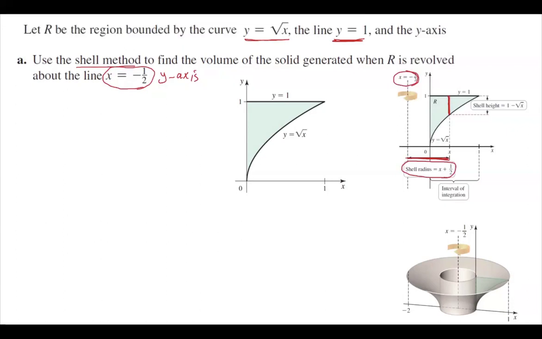So the bases of the small cylinders are located here. The radius is x plus 1/2. So to find the circumference, you have to multiply 2 pi by x plus 1/2. And then for the height, you have one larger y value minus the smaller y value, which is 1 minus the square root of x.